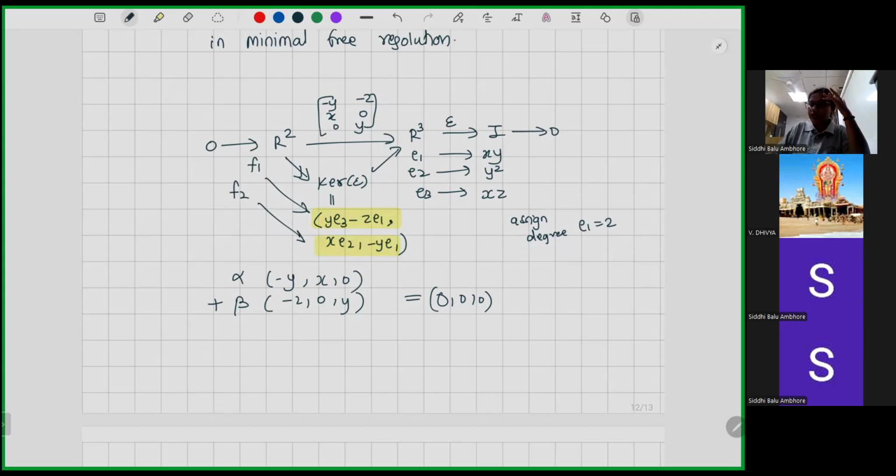Do you understand what I'm doing? So here x1, x2 is a degree 2 term, and this R is just a copy of R, but I want it to be a degree preserving map. So I shift it by minus 2. So the element of R(-2) goes to this xy, which is a degree 2 term.